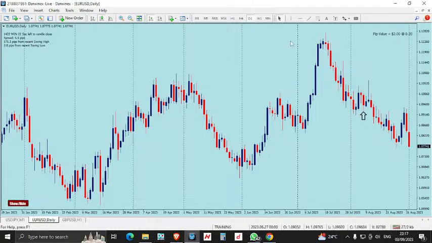Now look at this candlestick here. This candlestick is called bullish engulfing. If you check the opening, this is the opening. This one has no tail at all.